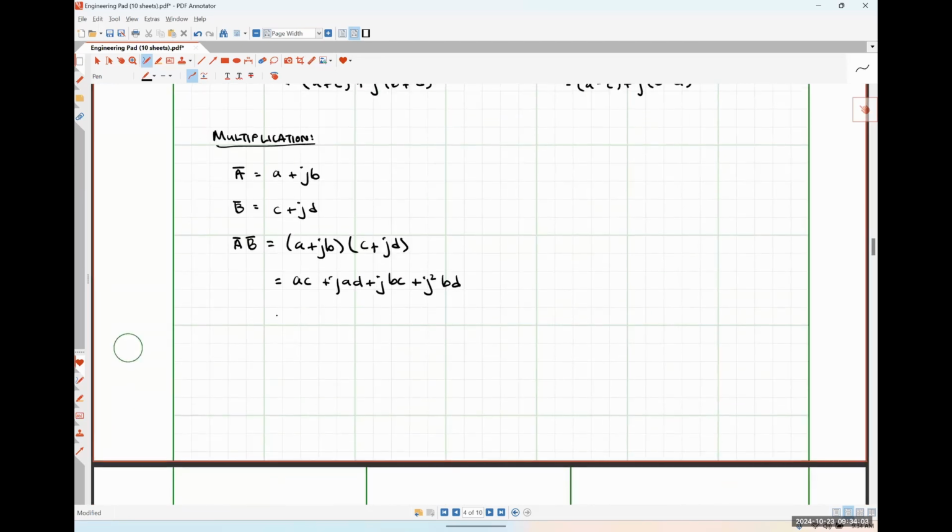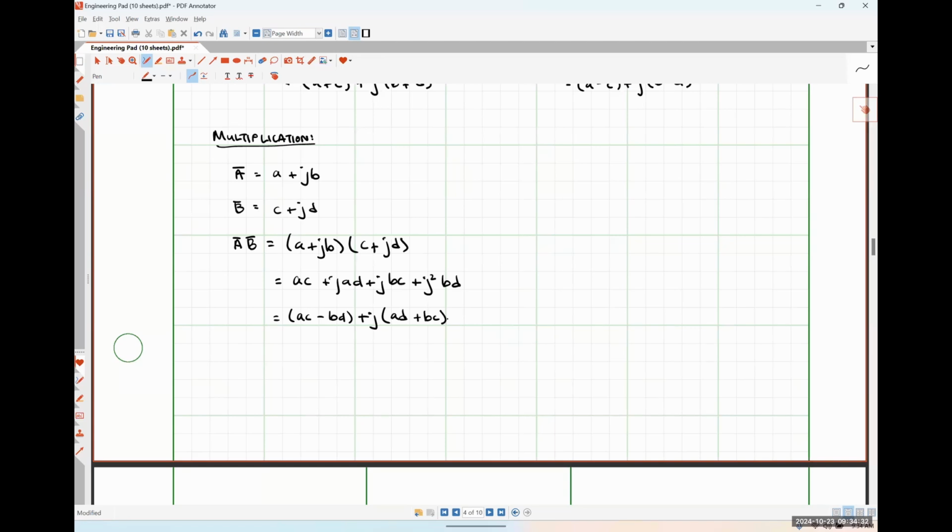So this is actually going to look like ac minus bd plus j times (ad plus bc). So we can see here that when we multiply two complex numbers together, we get a distinct real part and a distinct imaginary part, okay? Nothing too particularly difficult here. Ashton, you have a question?